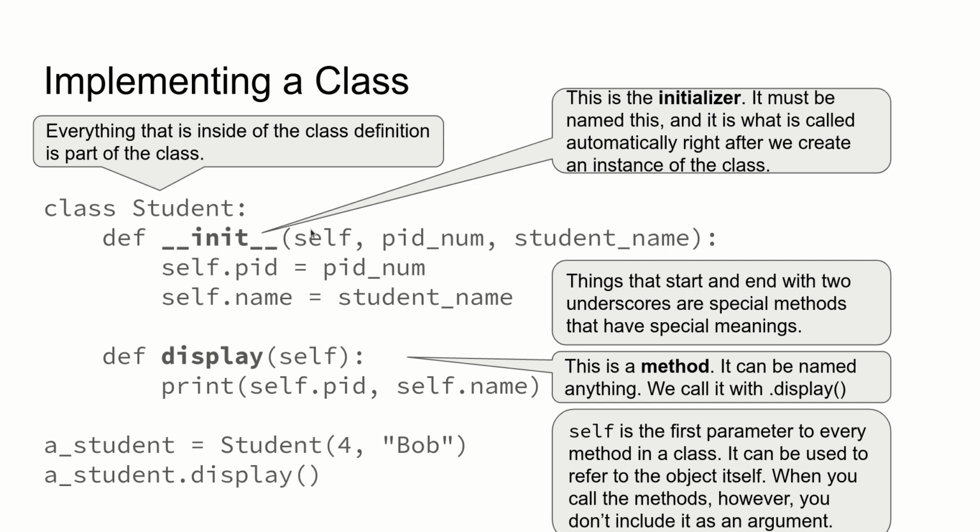So we define this constructor, this initializer. It has some parameters. Two of them might make sense to you, the ID number and the name. We also have to tell it self. In Python, this is what gets filled in by whatever was left of the dot. When we say like my string dot upper, that's self inside of the function.